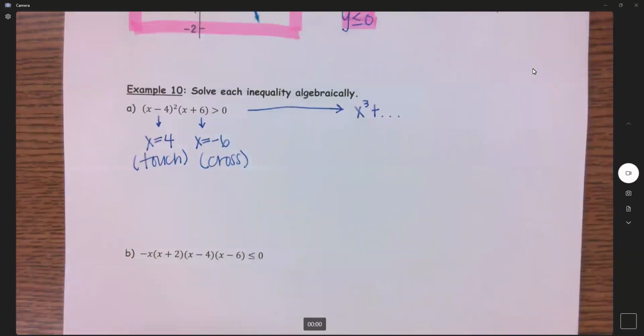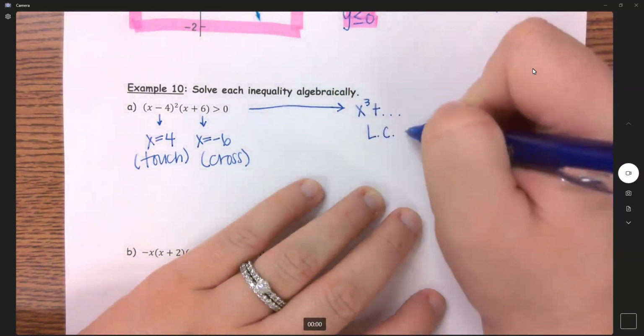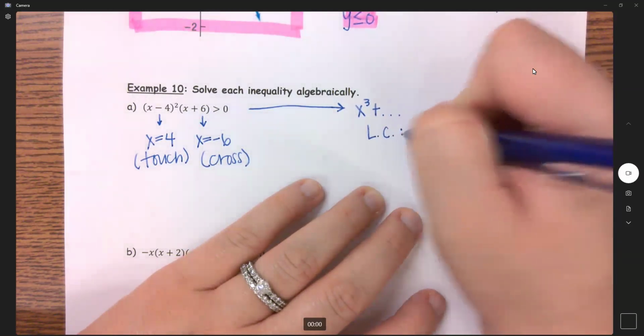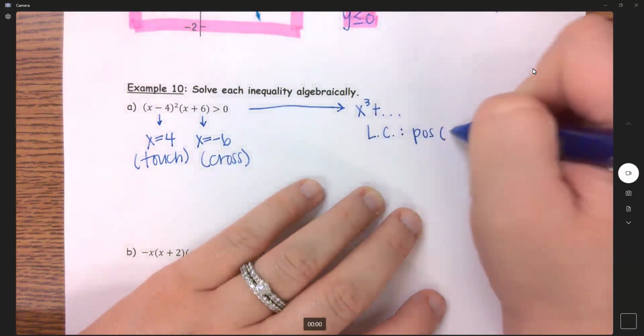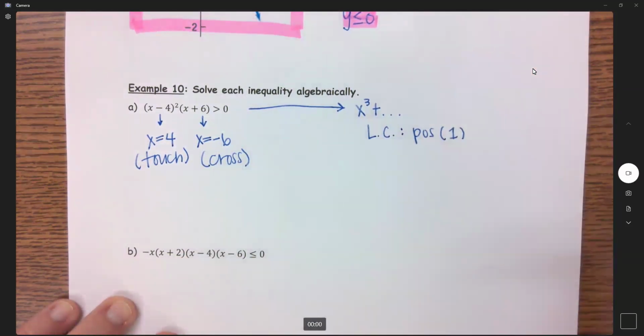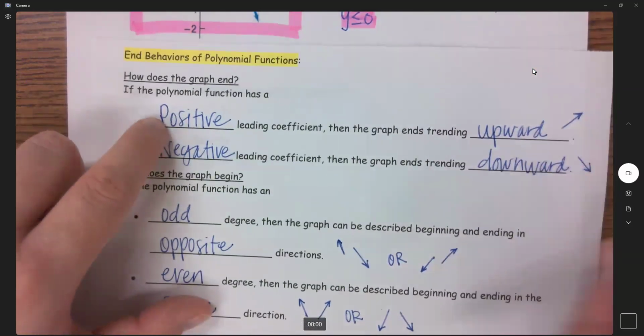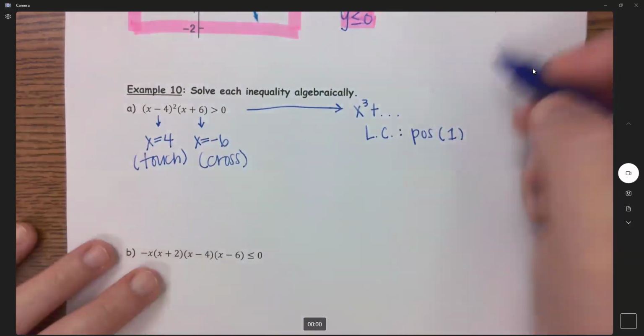Is it positive or is it negative? So here we have a leading coefficient that is positive, and specifically it is 1. That's a 1x cubed. So this tells me that when I have a positive leading coefficient, this graph should end going up.